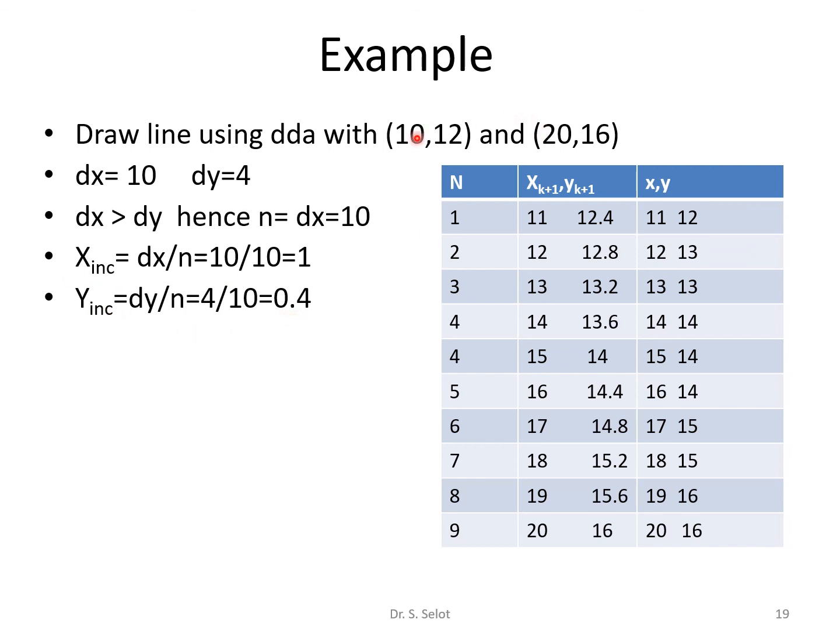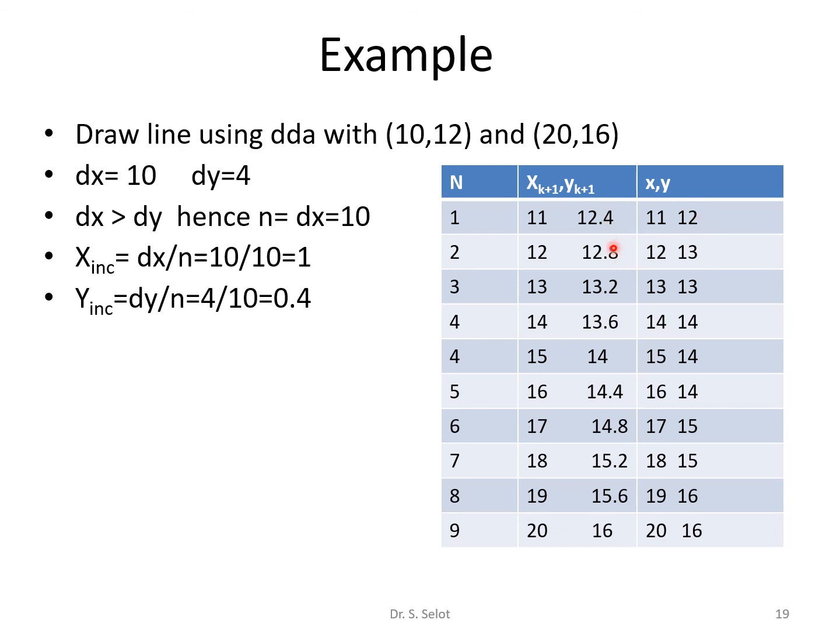So the first point will be 10 and 12. You increment the value of x by 1, so x will be 11, then 12, then 13, 14. So x is incremented by 1 and every time we are adding m to the y value. m is 0.4. So you had 12, 12 plus 0.4 is 12.4. You round it off, it comes out to be 12.